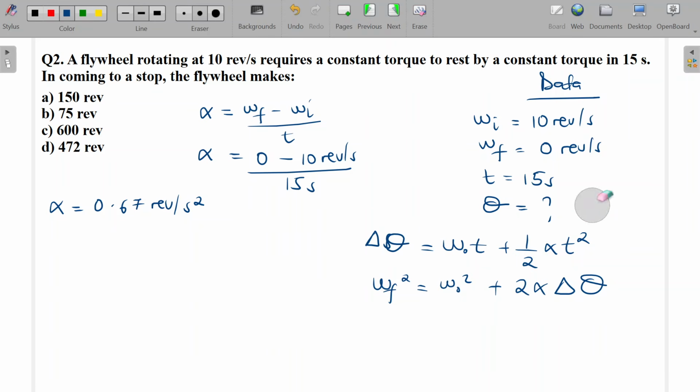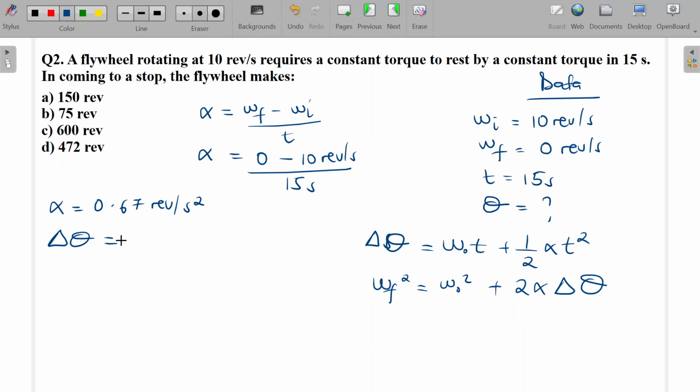Okay, so let us use the first one. Change in theta equals the initial angular velocity times time. Since everything is already in the same unit, it's fine.